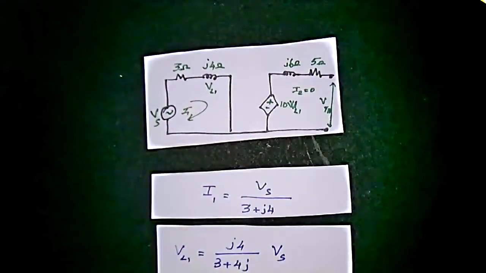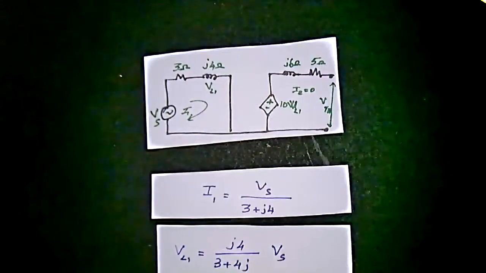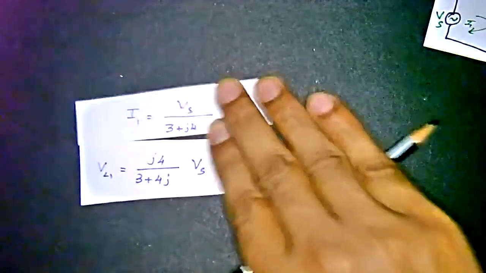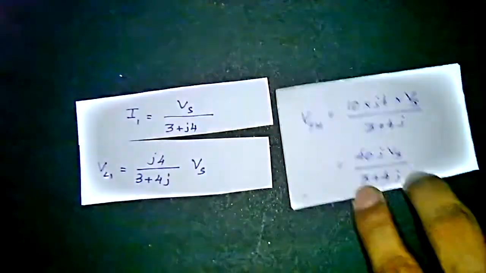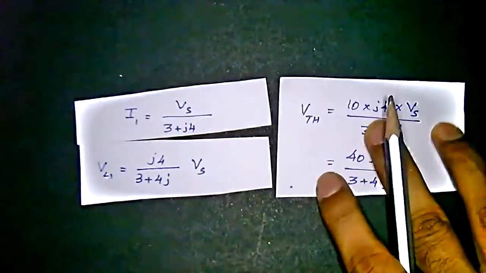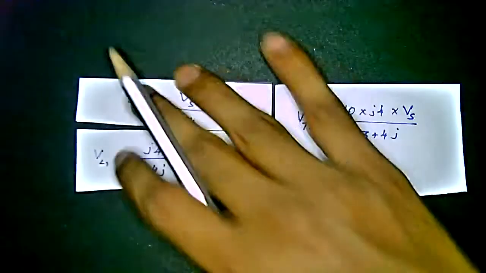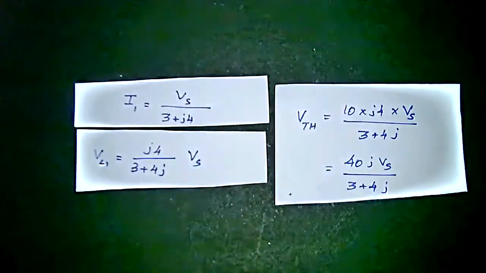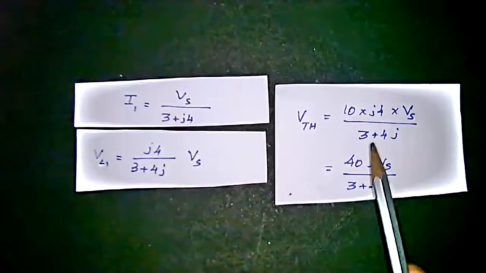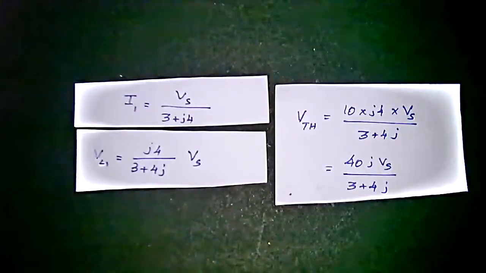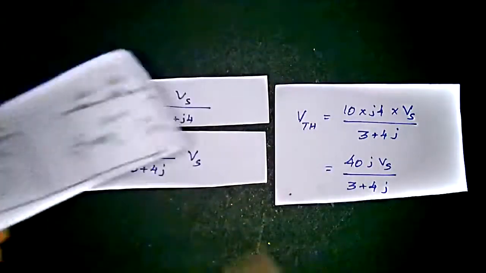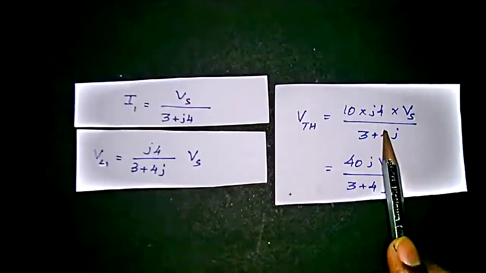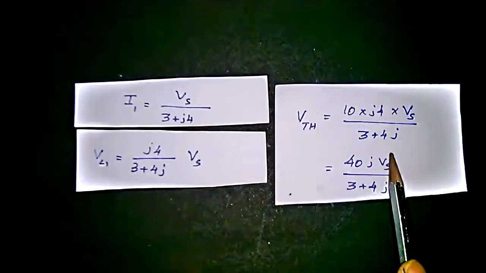So we get V_L1 equal to j4 divided by 3 plus j4, into V_S. We found I1 and V_L1, so now we go for V_TH, the equivalent Thevenin voltage seen by the load resistance. V_TH equals 10 into j4 into V_S divided by 3 plus j4.